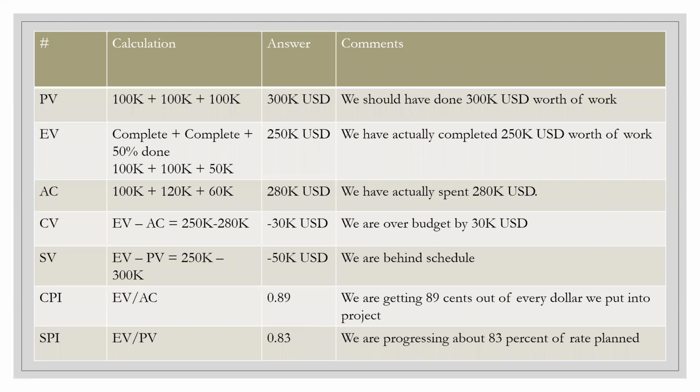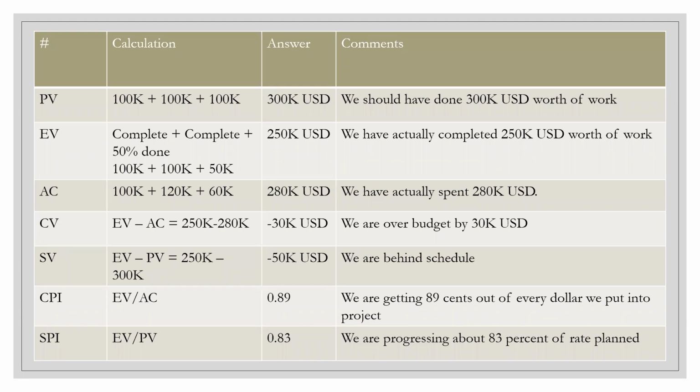I will advise you strongly to practice that calculation at least a couple of times to ensure that you get it very, very well ironed. You don't have to memorize the formulas because they are understandable.